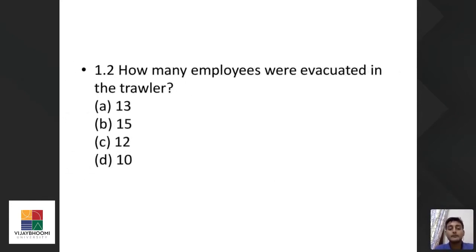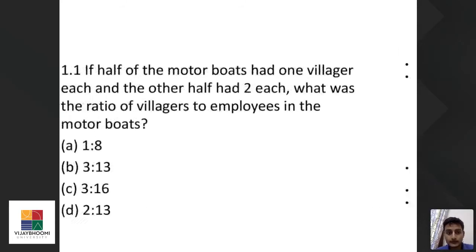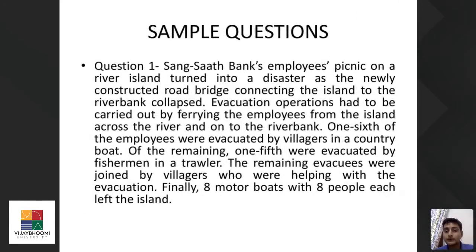How many employees were evacuated in the trawler? I'll have to go back to the facts. So of the remaining, 1/5 were evacuated by fishermen in a trawler, and 1/6 went by country boats, and then the leftover went by motorboats. Right.